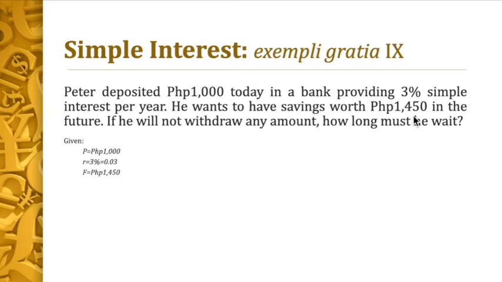He wants that amount exactly, so 1,450 is his F, his future amount. The question is, if he will not withdraw anything, how long must he wait in order to reach this 1,450? That gives us our asked, which is the time.